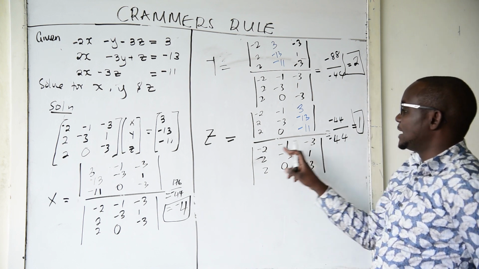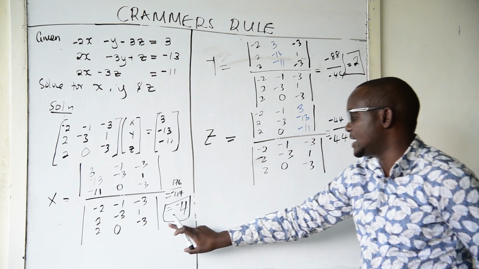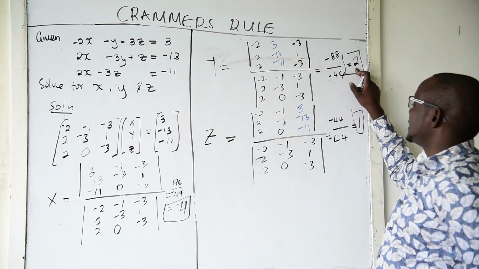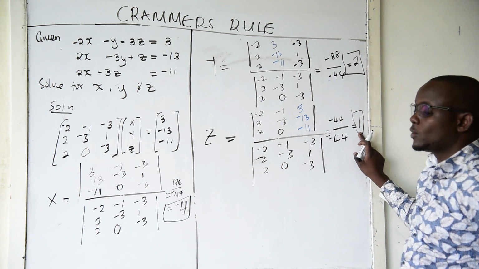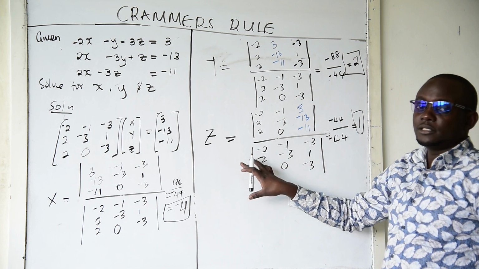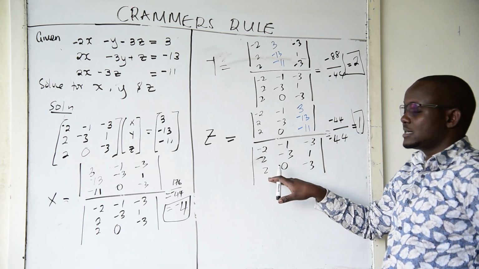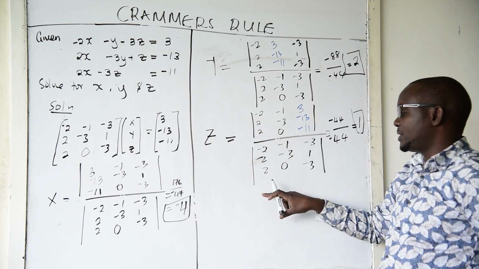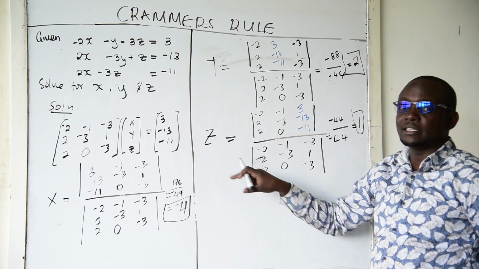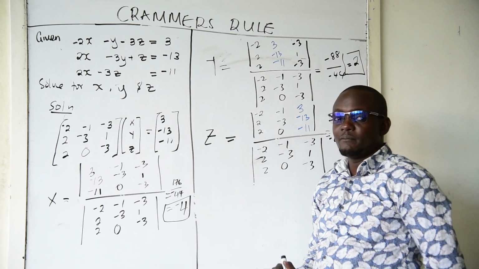So you have your values for the three unknowns: x is negative 4, y is 2, and z is 1. Just to understand how to get the determinant, you can refer to our previous video on the determinants of a 3 by 3 matrix. Thank you.